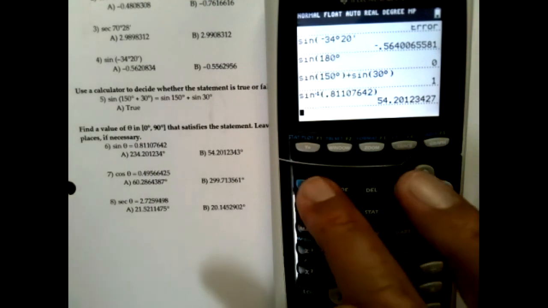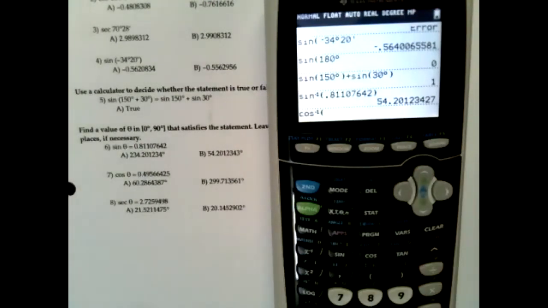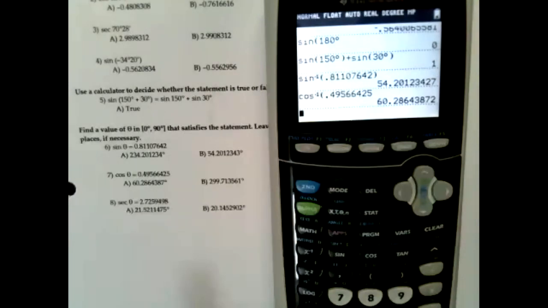I want the second cosine, which is going to give me the inverse of 0.49566425. And I get 60.2864387. Looks like it's going to be A.